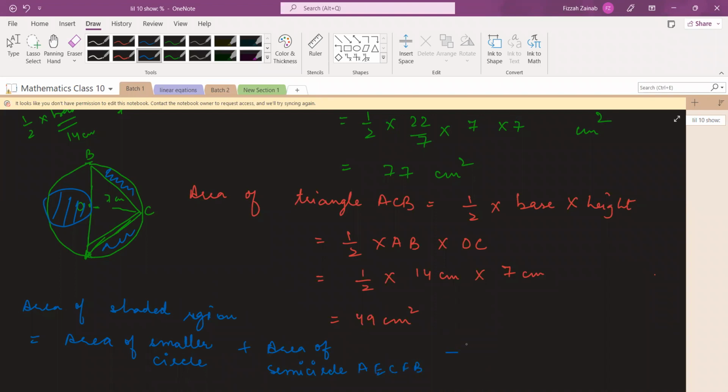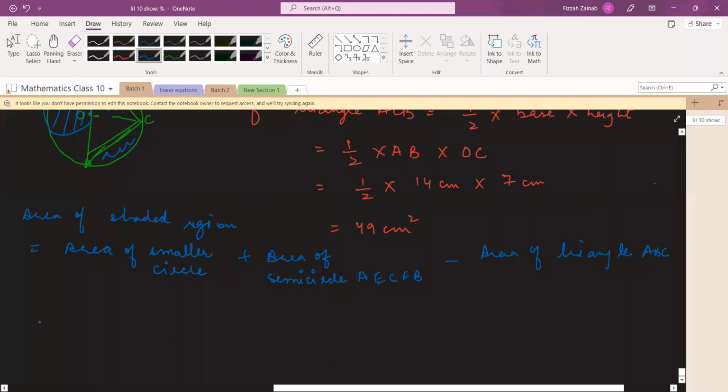And then minus area of triangle ABC. So we have found all the values. This was 77 by 2, right? Centimeter square. And this is 77 centimeter square we have found, and this is 49 centimeter square, right?